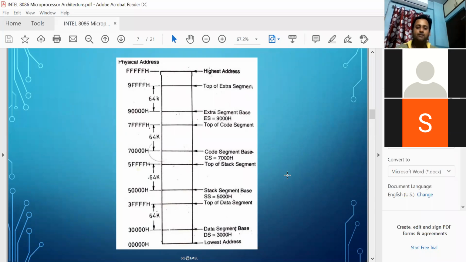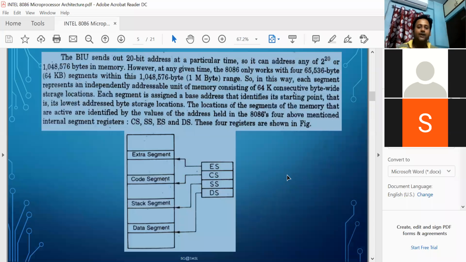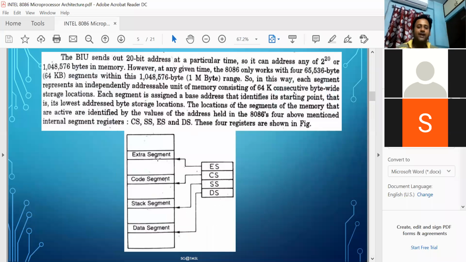Now this 1 MB memory space is divided into 4 segments, and the segments are called extra segment, which is ES, code segment, which is CS, stack segment, which is SS, and data segment, which is DS. 4 segments are there. Each segment is 64 kilobytes long. The size of each section is 64 kilobytes.